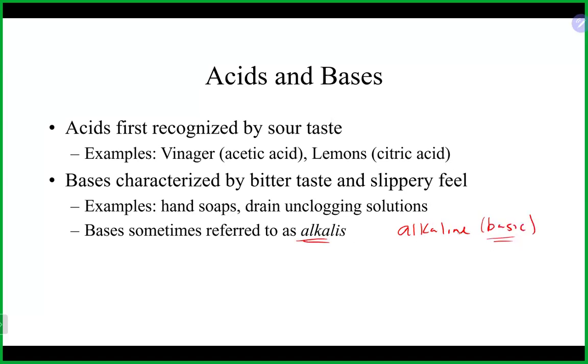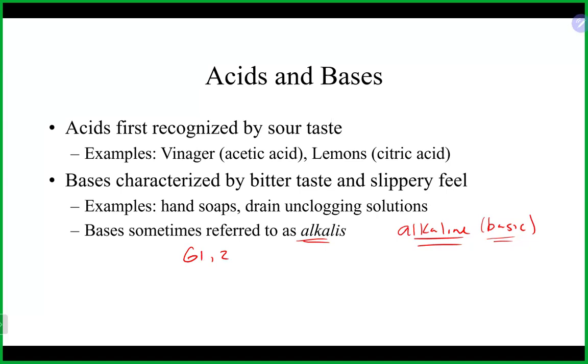These names should be familiar to you from group 1 and group 2 on the periodic table. That's your alkali metals and your alkaline earth metals. Groups 1 and 2 on the periodic table are where a lot of strong bases come from.